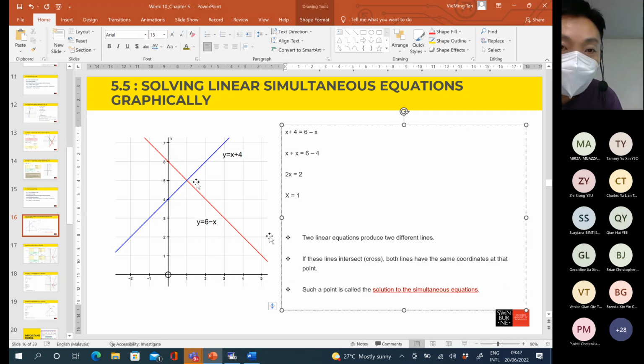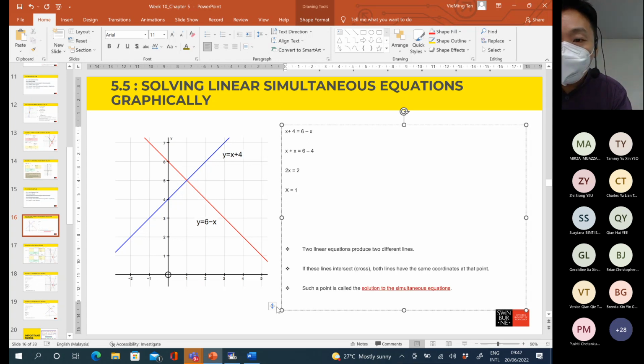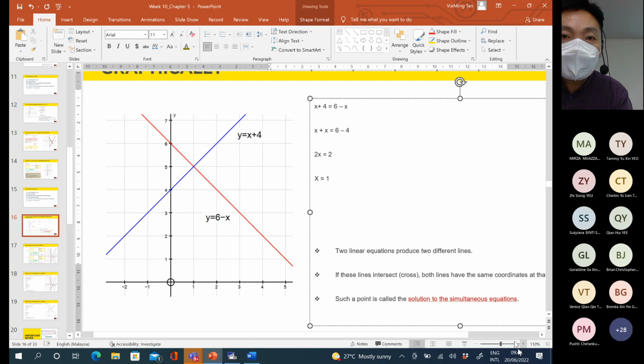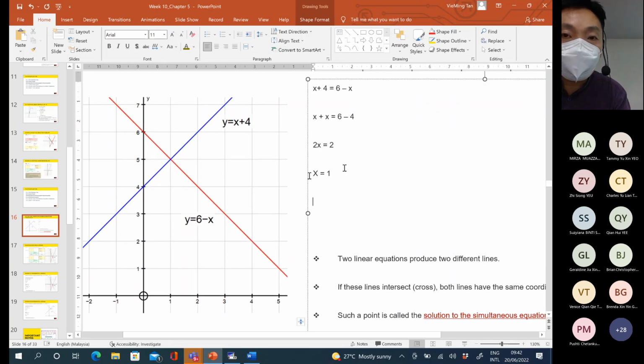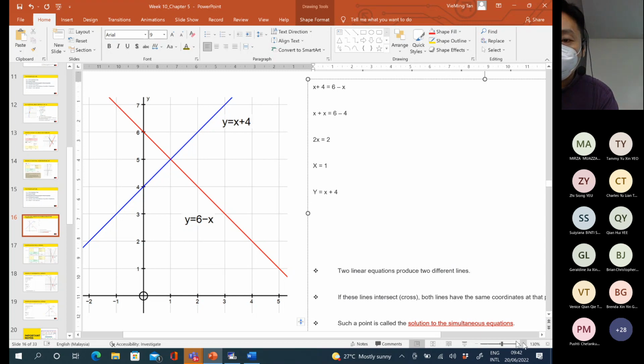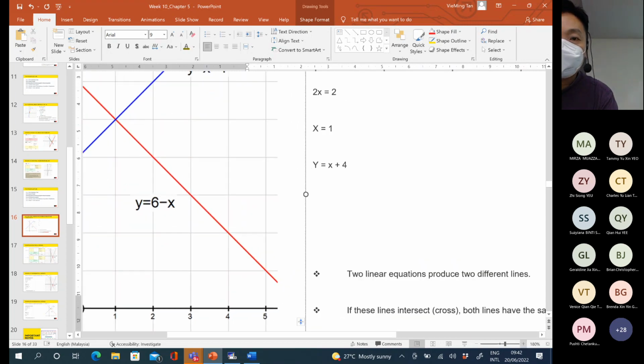So that means for this coordinate, the x value is equal to 1. How about the y value? In order to get the y value, we can just substitute x equal to 1 into either one of the equations. In that case, I simply choose this equation, right? Once we know the x value, we can just copy one of the equations and substitute the value of x.